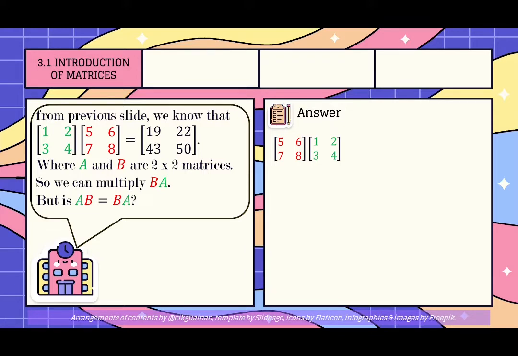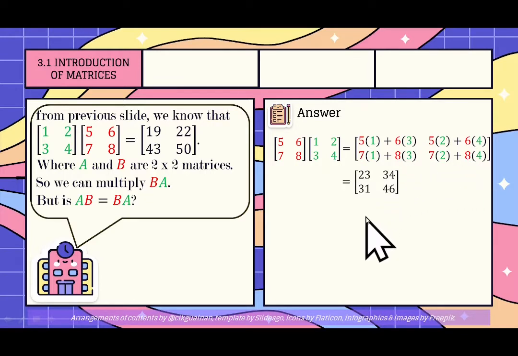So let's find out. Over here, as you can see, I put matrix B in front and matrix A at the back. We know they are 2 by 2, so they are compatible. We can multiply them, and we have the final answer over here.